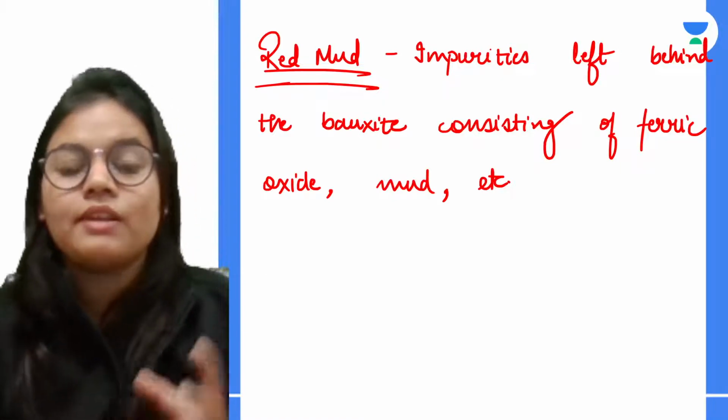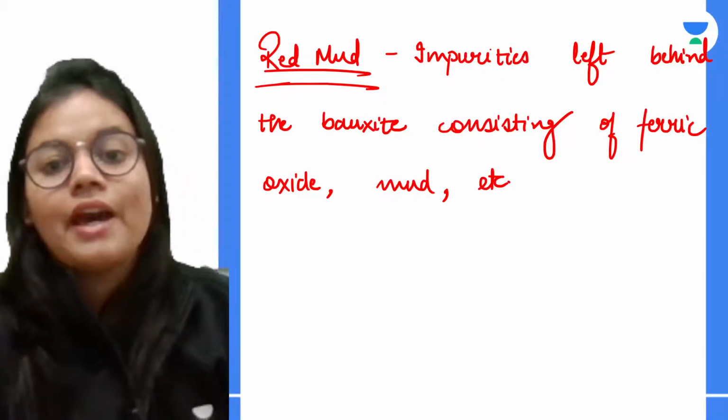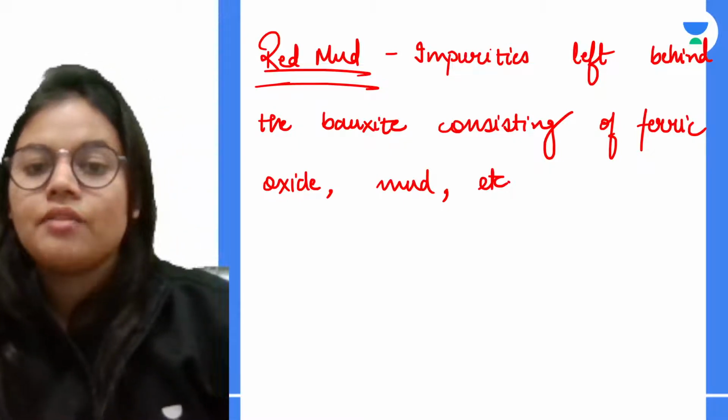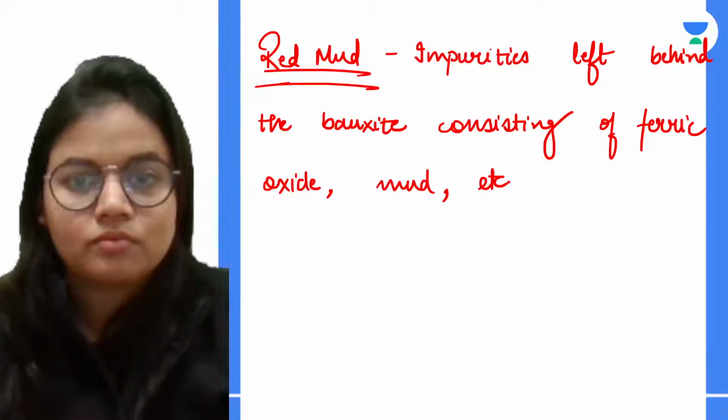Now this becomes our second point. Now what are we doing? We are taking that sodium meta-aluminate and we are dissolving it with water, and we are cooling that mixture.